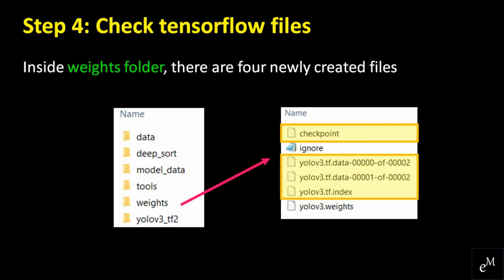So we should go to the weights folder for checking, and there should be four newly created files, which include three TensorFlow files and one checkpoint file. And if that is the case, congratulations, you've successfully converted your weights into TensorFlow format and are ready for applying the network for detection and tracking.